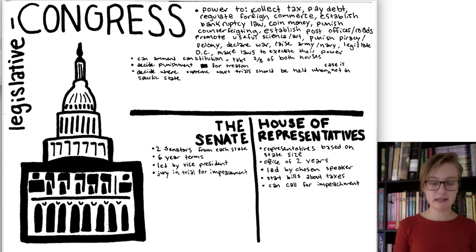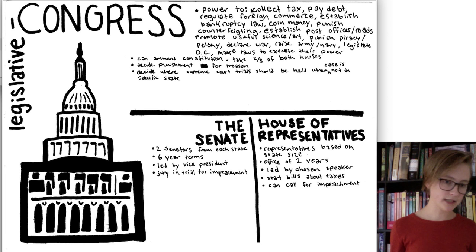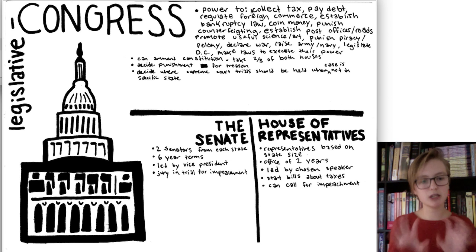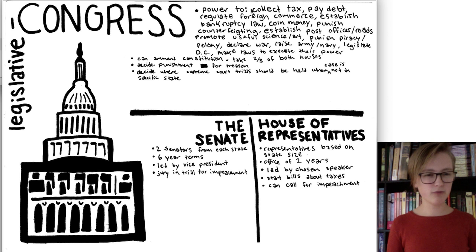Then in the House of Representatives, the number of representatives varies based on the population of the state. Typically, larger states with higher population are obviously going to have more representatives. So it's more of a population voice, whereas the Senate is more of a state voice, I guess.